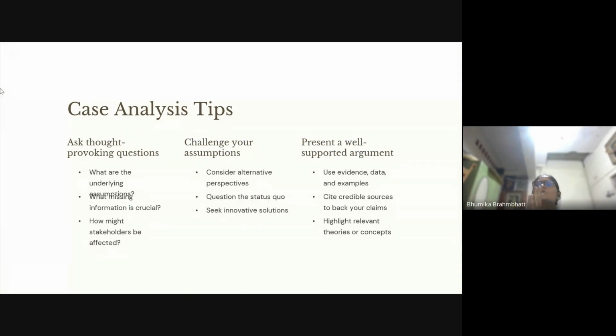Okay. So, as a last point, you should support argument, present well evidence, data, example, cited source to back your claims, because if you do not cite a particular source, they may infringe your article on copyright cases, because you are not giving a particular resource credit.